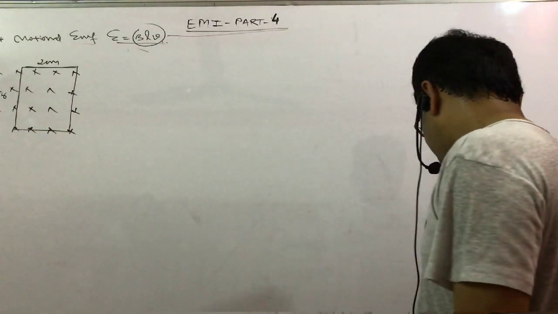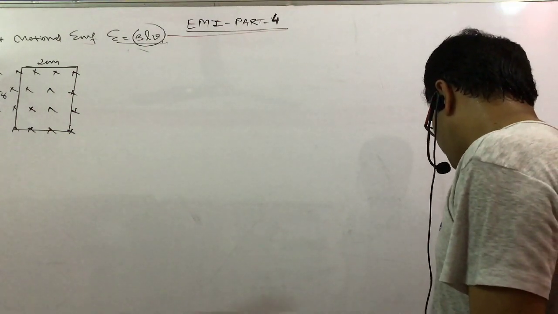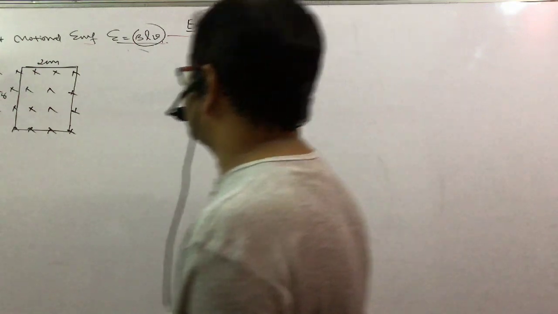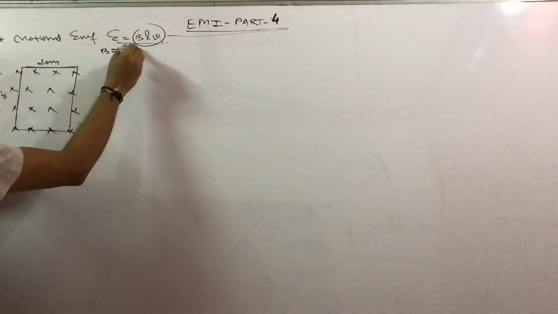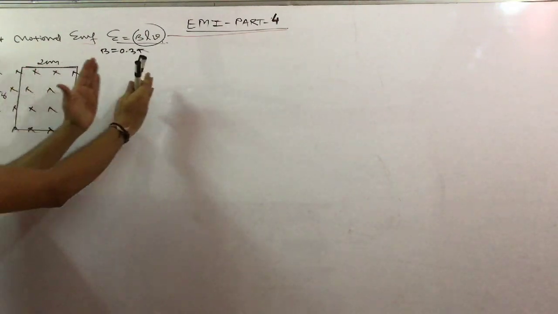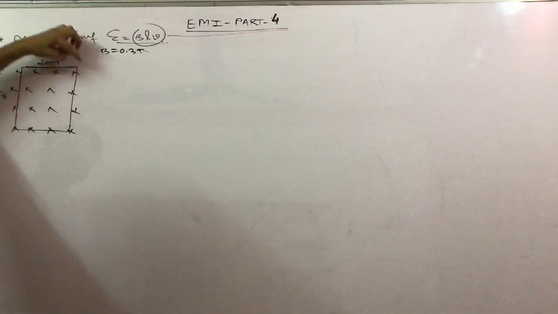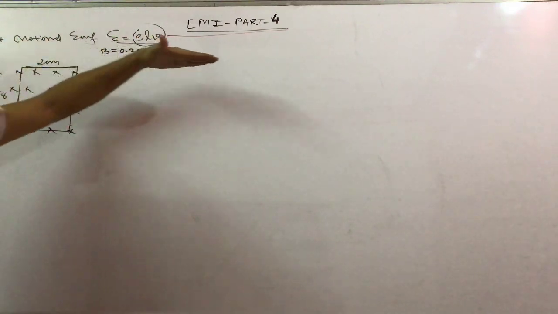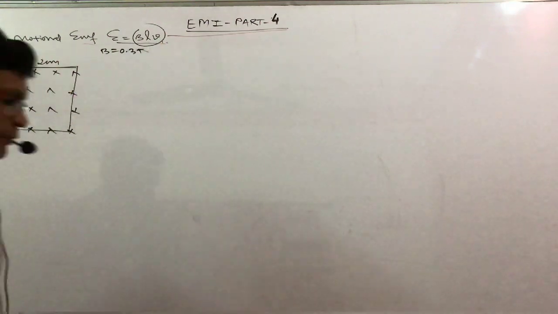Okay, rectangular loop moving out of region of uniform magnetic field of 0.3 Tesla. Whatever the magnetic field is present here, its intensity is given 0.3 Tesla. This type of rectangular loop is already moving out of this magnetic field. Magnetic field यहाँ तक ये समझो, ये पूरा लूप है वो magnetic field में से बाहर आ रहा है, मगर वो आ रहा है तो कुछ स्पीड के साथ बाहर आ रहा है.